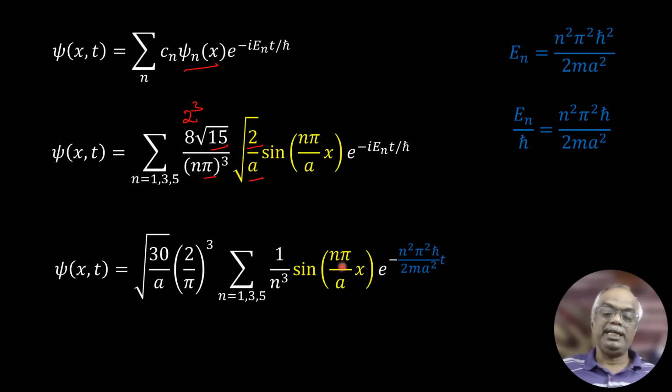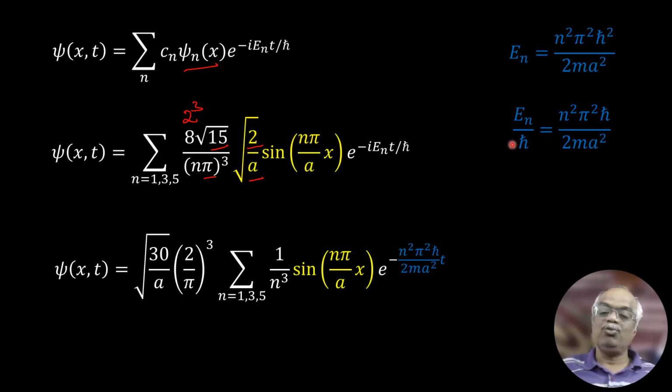This sin(nπx/a) e power minus i En t over h cross can be simplified using En over h cross. You know, for the infinite square well potential, En is equal to n squared π squared h cross squared divided by 2ma². You bring one h cross to the left hand side.